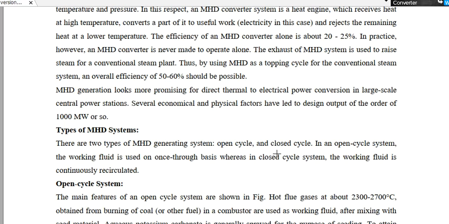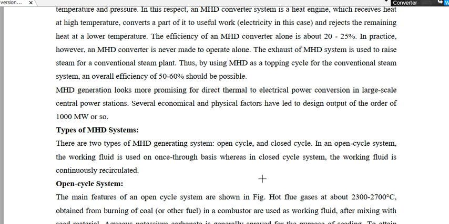If the fluid is not expensive or can be generated easily, it is used in an open cycle. And if we are using some different working fluid which is expensive, then a closed cycle is used.